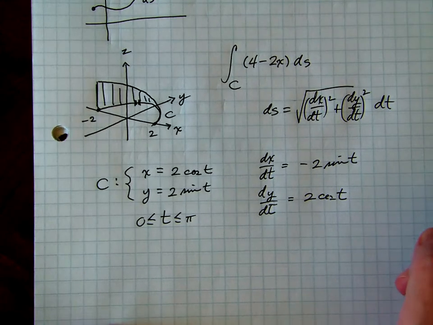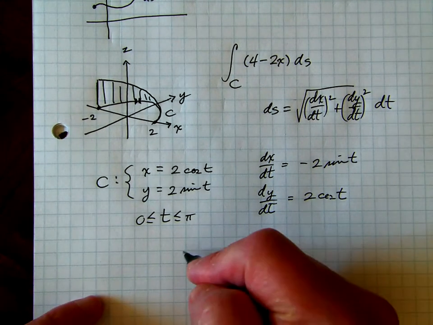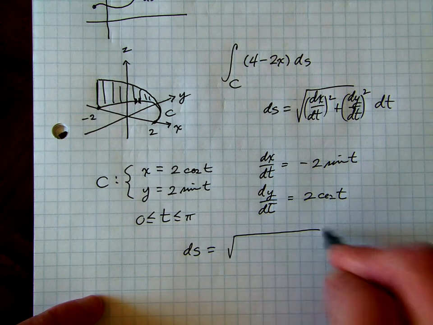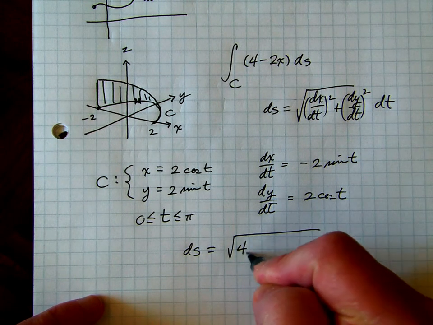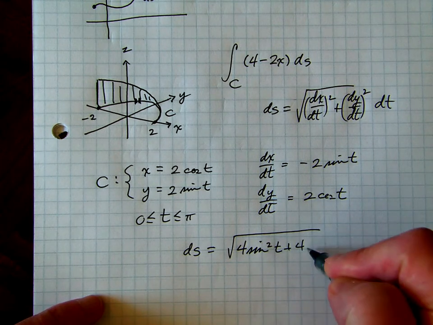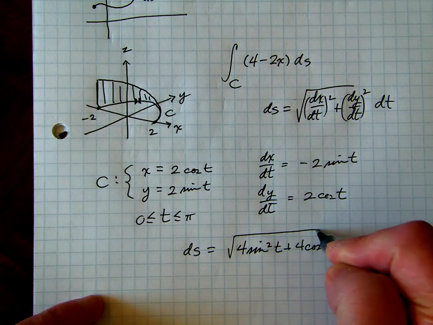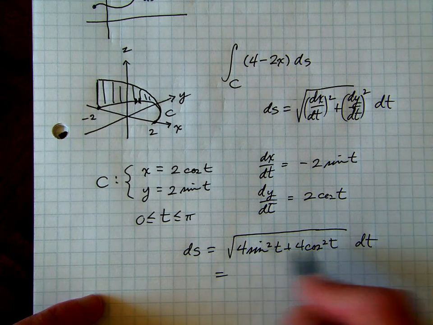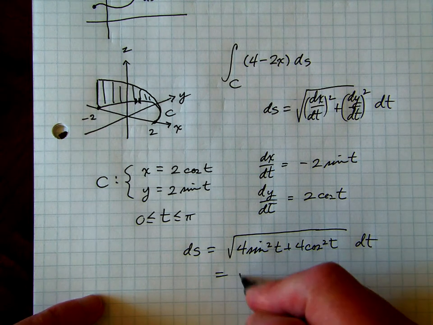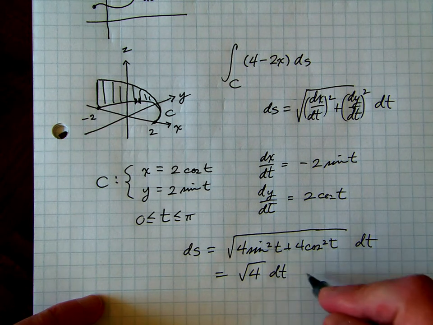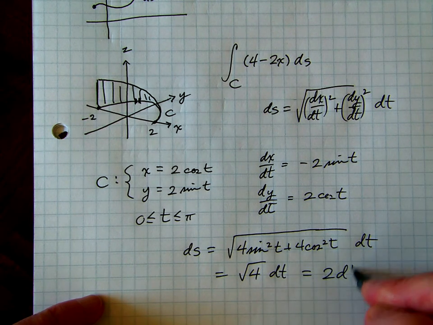So when we put this together, ds is going to be the square root of 4 sine squared t plus 4 cosine squared t, and dt. Well, this just adds up to 4. So we end up with 2 dt.